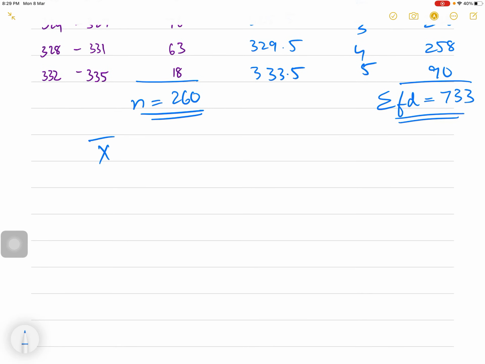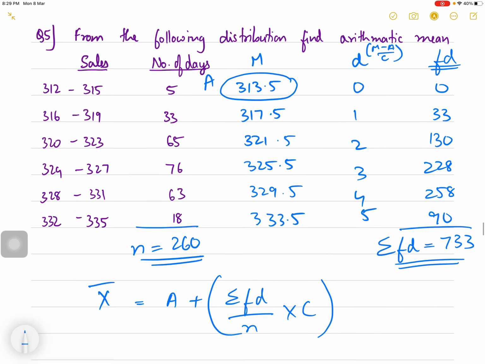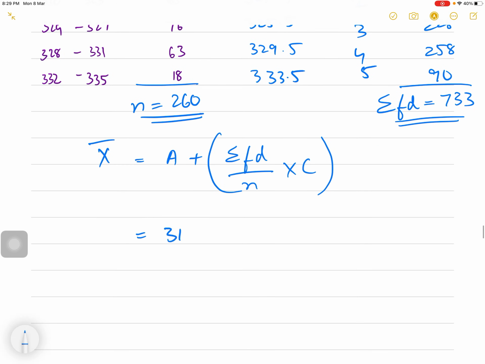The formula: x bar is equal to A plus summation FD upon N into C. A is 313.5 plus 733 divided by 260 into 4.